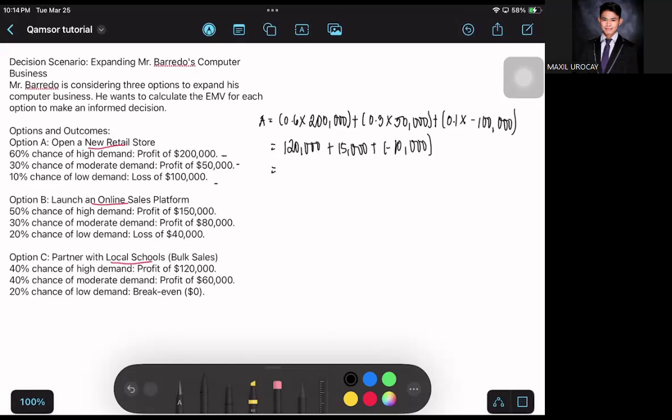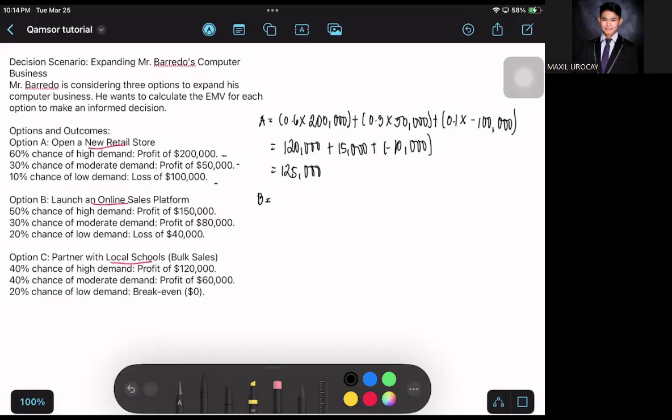For the total of this particular problem, 120,000 plus 15,000 minus 10,000 equates to 125,000.